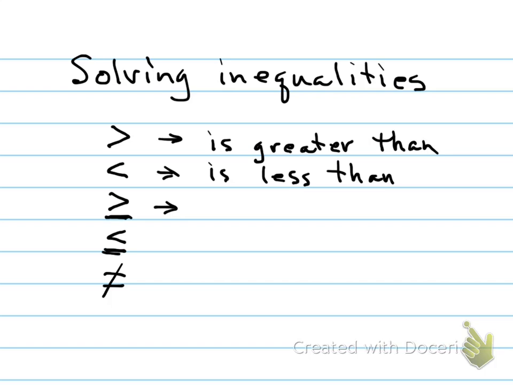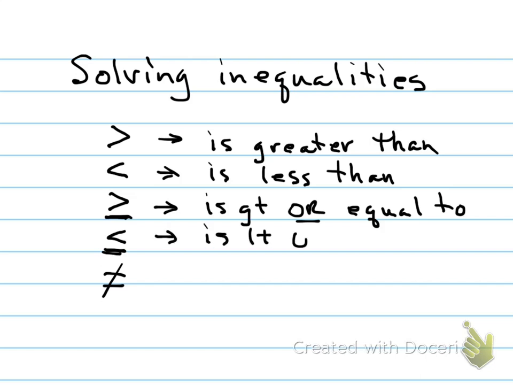Now, these are the ones I don't know that we've talked about. They have a little bit of the equal symbol in them, right? So they give you two choices. Is greater than or equal to. Good. This one is less than or equal to.